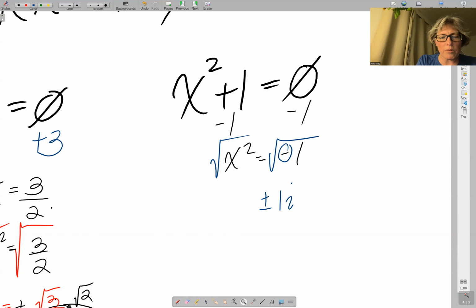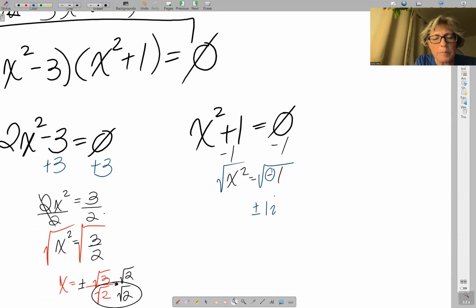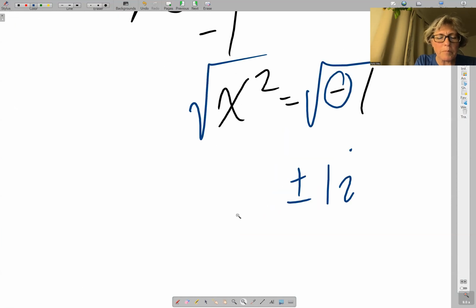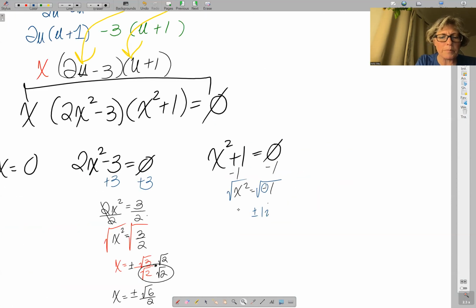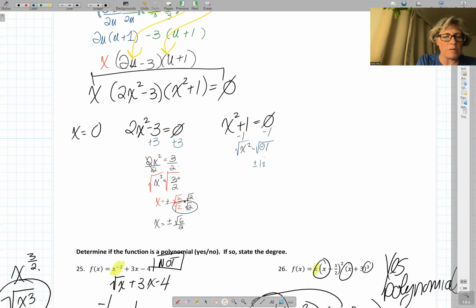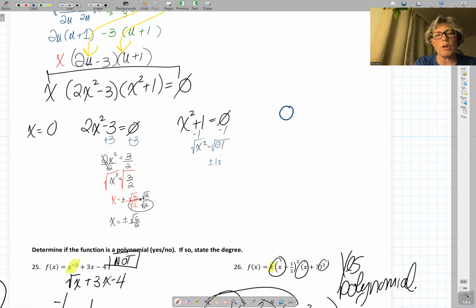So your total count of zeros here, zoom back out, is, okay, there's 1 zero, and then you have plus and minus, which counts as 2, root 6 over 2, and plus and minus 1i, or just i, is sufficient for that.